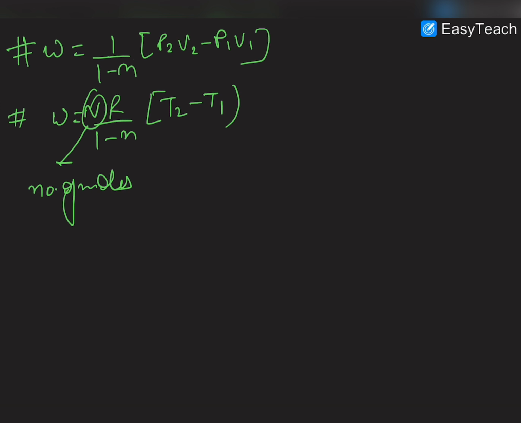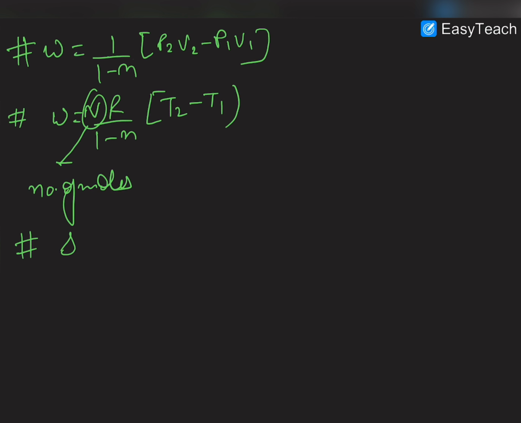I am not using the small n because small n I have already used as polytropic constant.